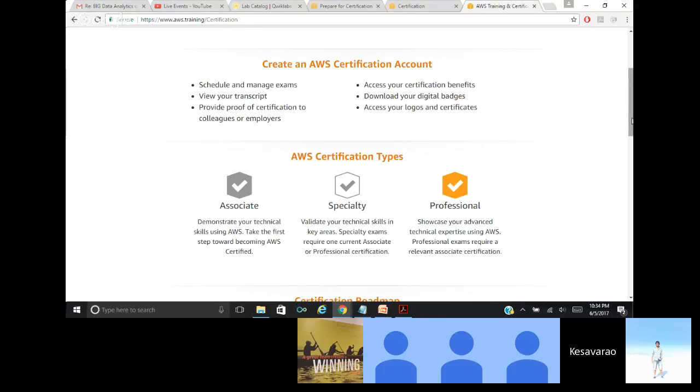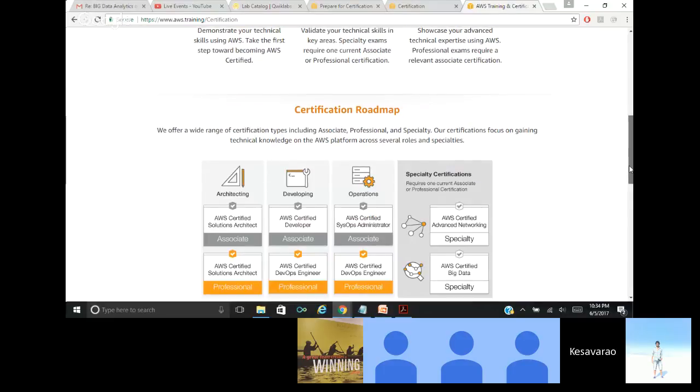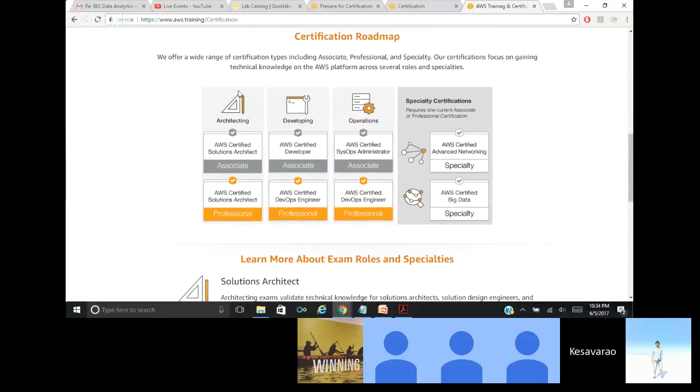But again, associate also has three categories. See here, this is the best one to show you. The highlights: architecting, developing, and operations. Three categories. In architecting, you will call it AWS Certified Solution Architect Associate. That's the first level. And in developer, you'll say AWS Certified Developer. In operations, you'll call it AWS Certified SysOps Administrator.